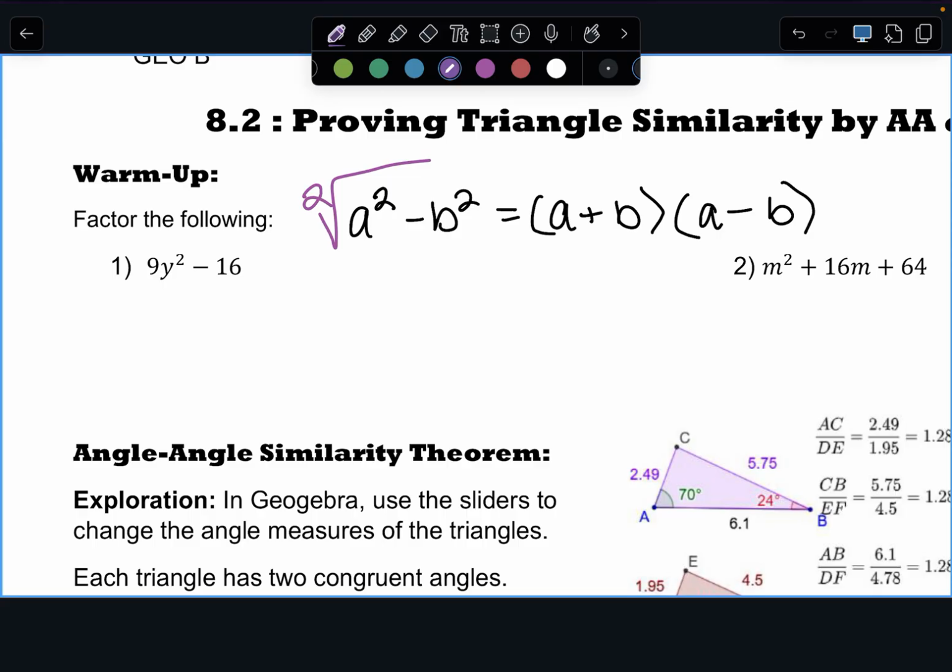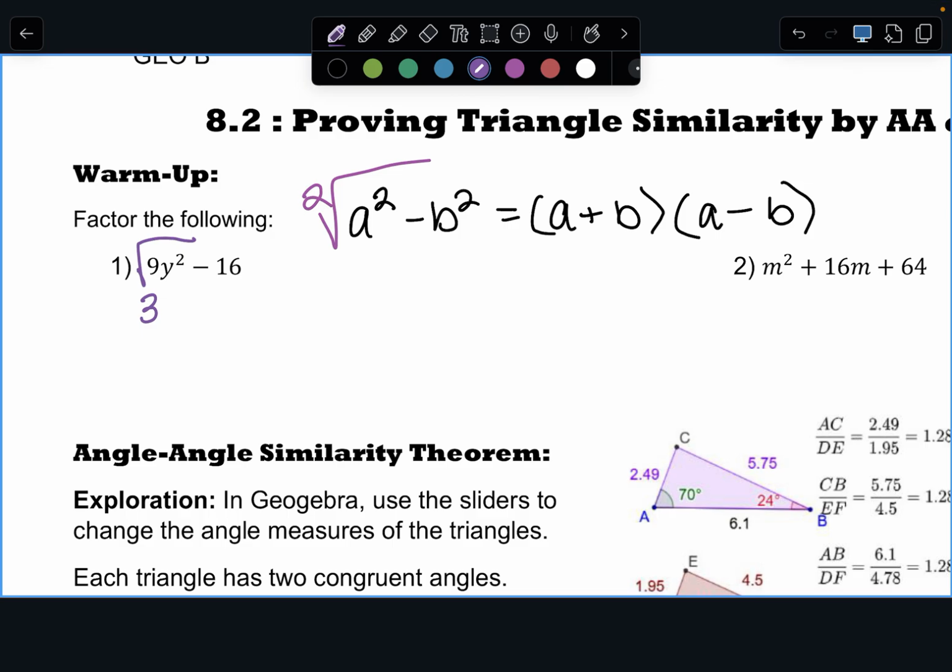What we did over here is we took the square root of each piece. So let's take the square root of each piece right here. Let's handle the number first. What's the square root of 9? 3. Very good. If the square root of a squared was a, what's the square root of y squared?